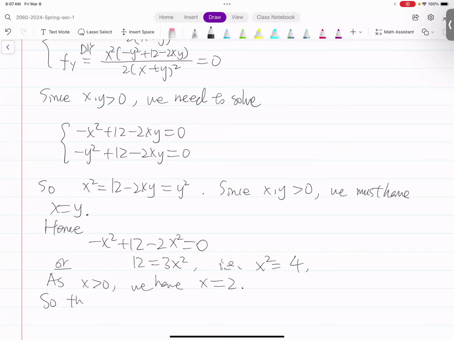So the only critical point is, so x, y, they must be equal. So x is 2, y is 2. And we are pretty much there.